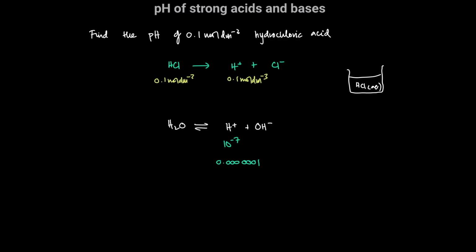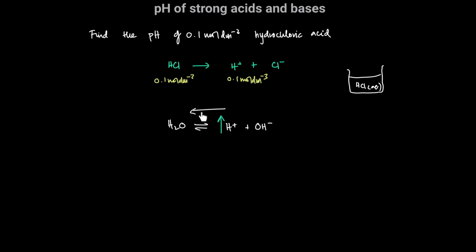The other thing to note is that this is for pure water. When you add H plus ions here, you significantly increase the concentration of H plus ions by adding the acid, which means that this equilibrium shifts to the left.